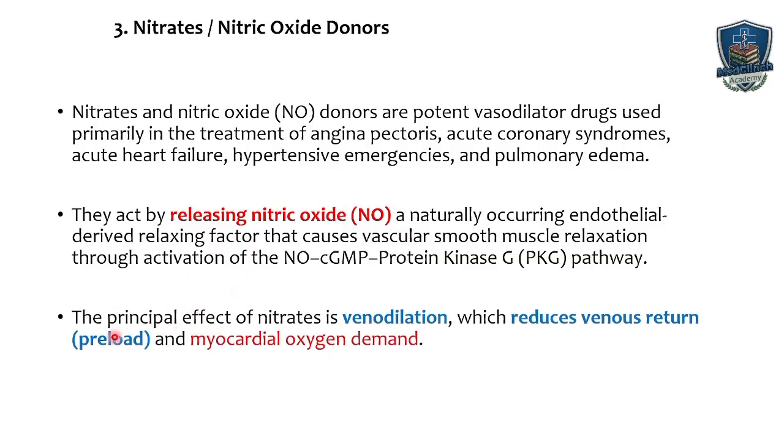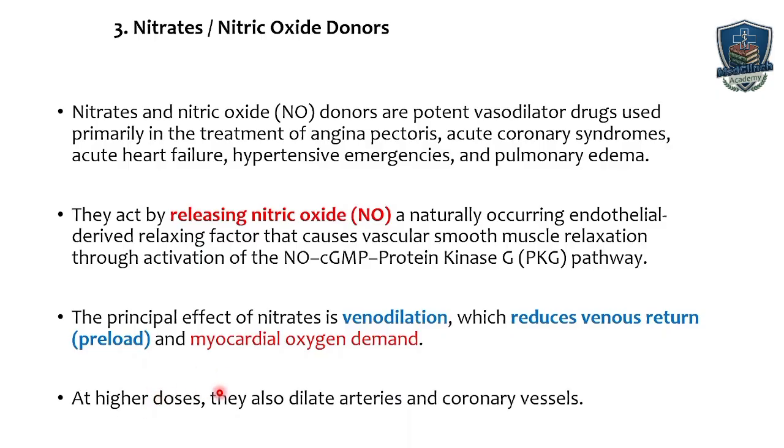So the principal effect here is that most of these drugs tend to lead to vasodilation. And remember, if you lead to vasodilation, you'll reduce the venous return and also the preload. And when that happens, you are also decreasing the myocardial oxygen demand. One hint: when it comes to nitrates and nitric oxide donors, most of them always cause vasodilation.